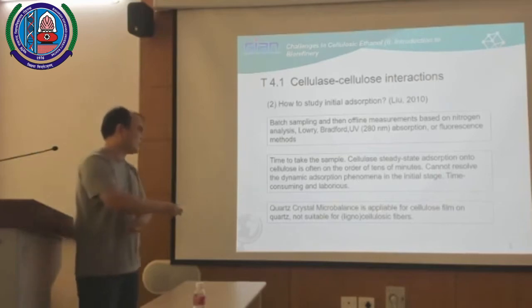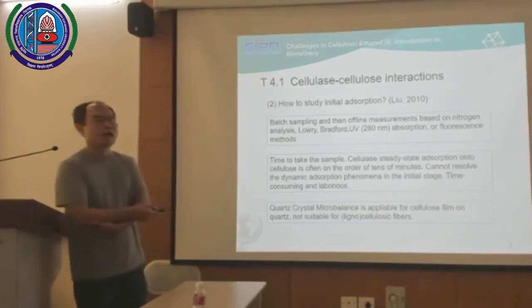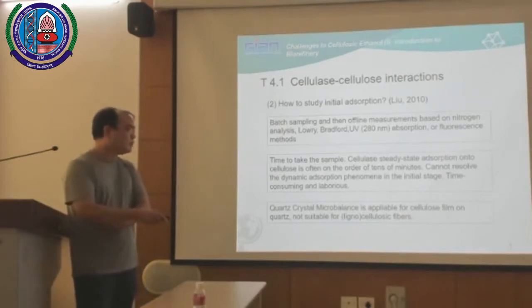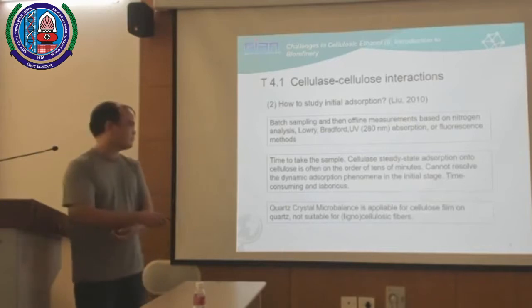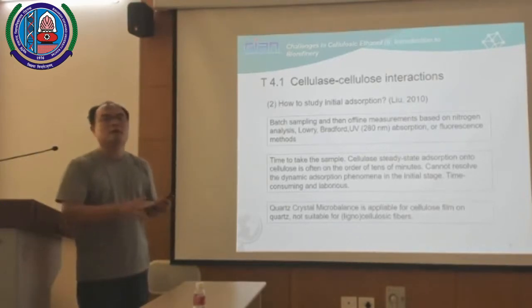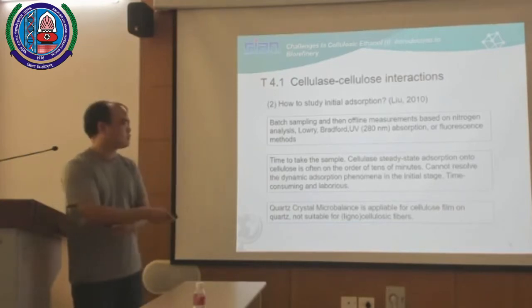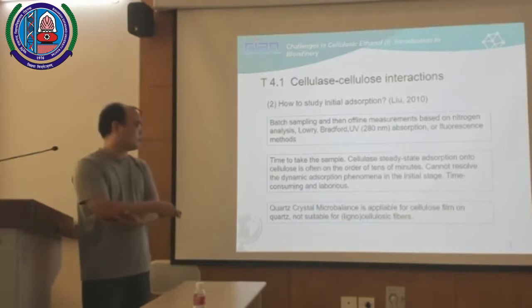However, this equipment is very expensive, and it is only applicable for the cellulose film, and cannot be used for the fiber, because fiber does not have a smooth surface, and the thickness is difficult to control.